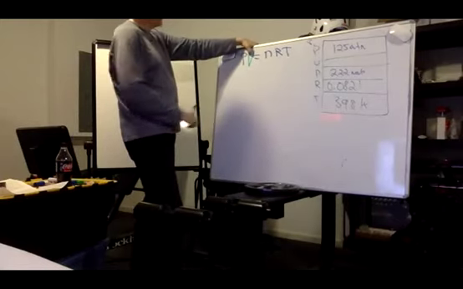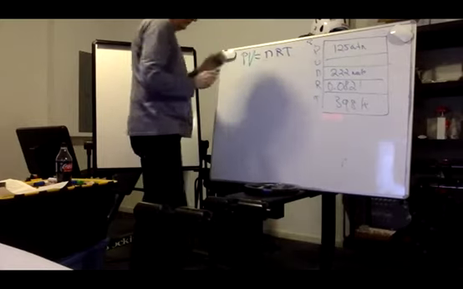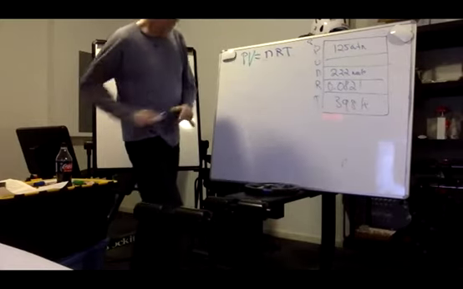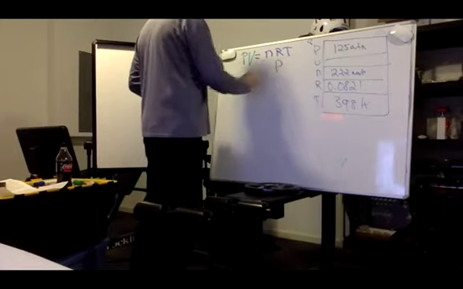So we need V by itself, P is upstairs, P is going to go downstairs.